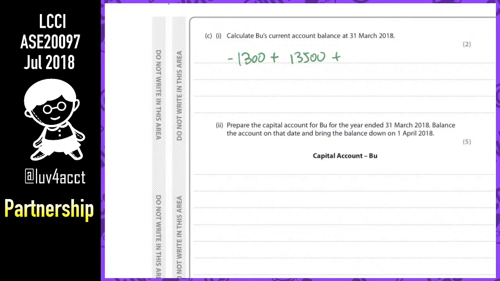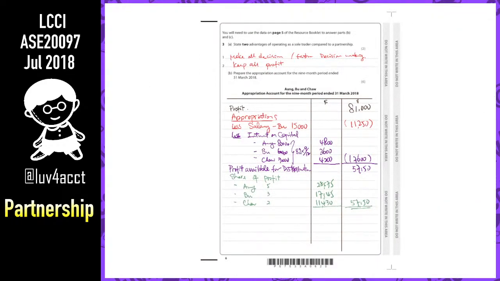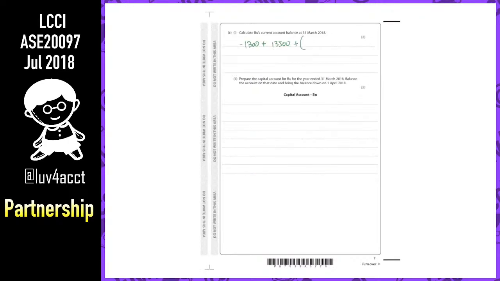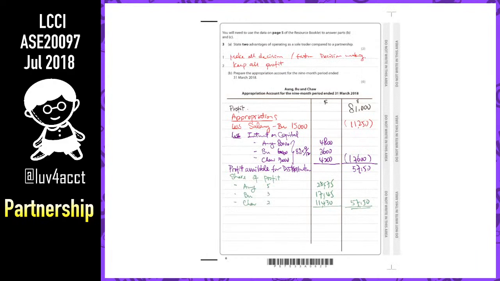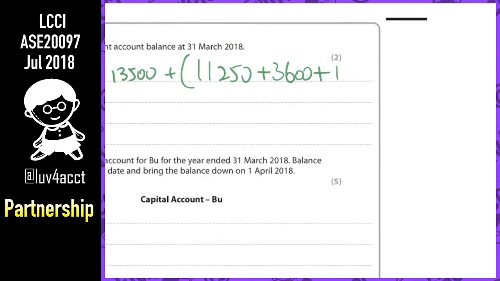And then the appropriations for the second half, 11250, and then 3600, and then the share of profit being 17145.